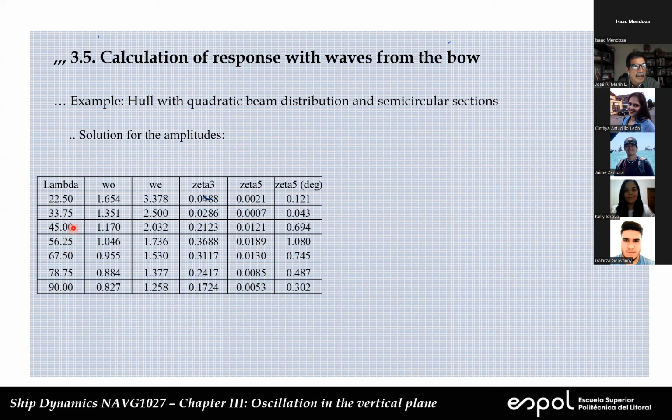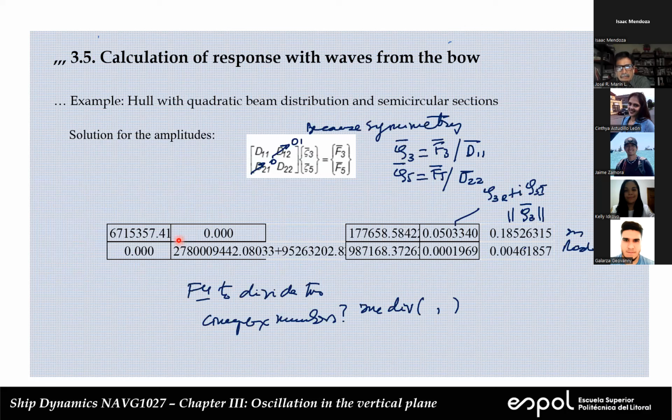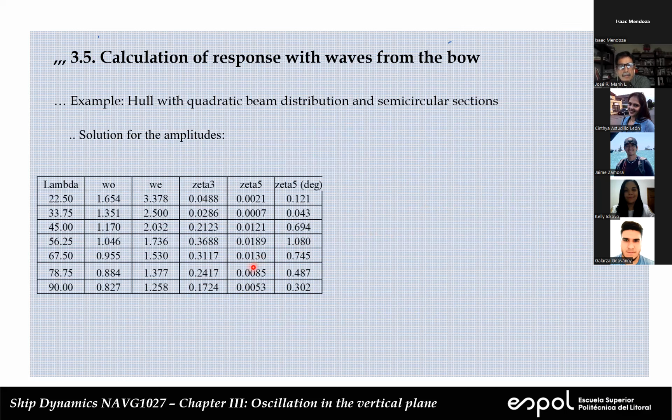Okay, so what I just showed to you is this line here. So this value here should be this one here. Probably the amplitude, I just changed it to this value.